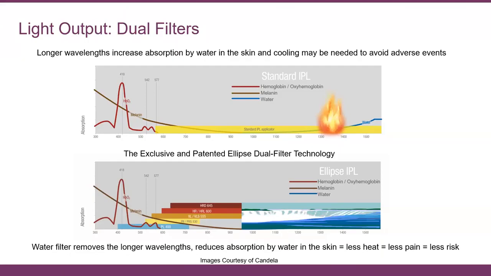And secondly, because we're being much more selective in the tissue we are interacting with, we don't need to use the same level of fluence as you would with an IPL that has a much broader spectrum of light. In some cases we can deliver maybe even 50% less energy or fluence, but still achieve the results because we're not wasting that energy on the higher wavelengths where we're absorbing that energy into water.